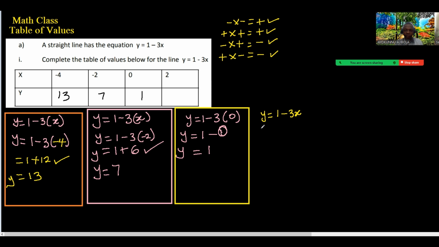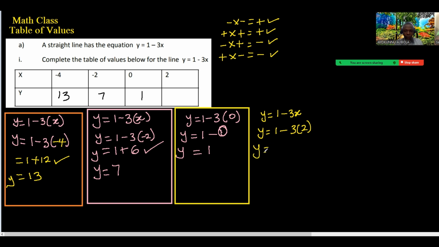Now you have x. What is x now for the last value? X is what? On the table. The last value of x on the table is what? 2. So we use 2 to replace x.